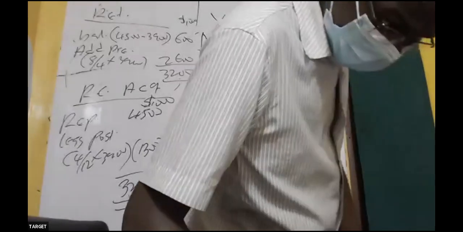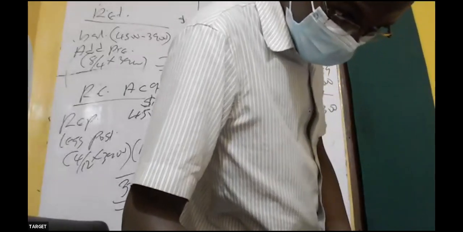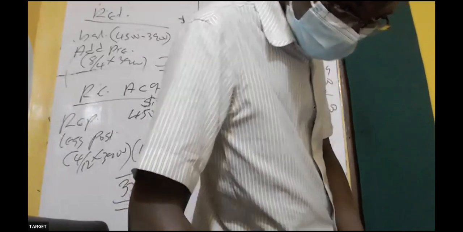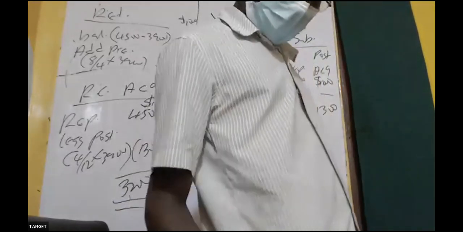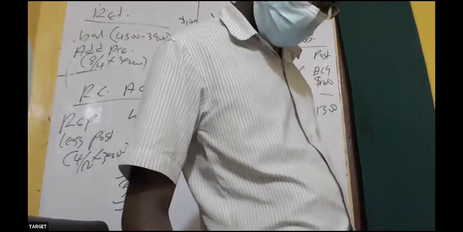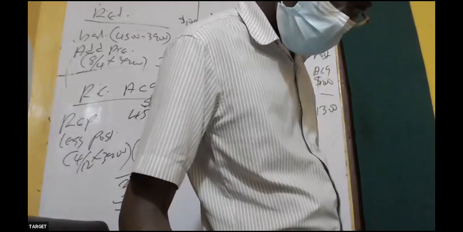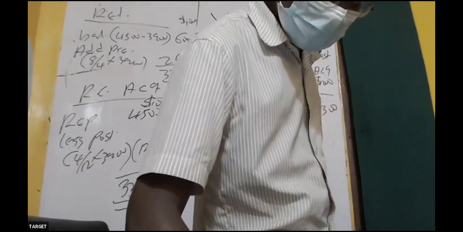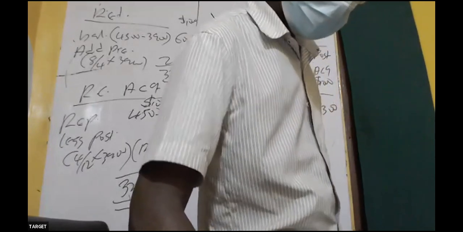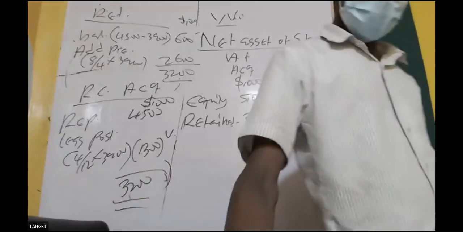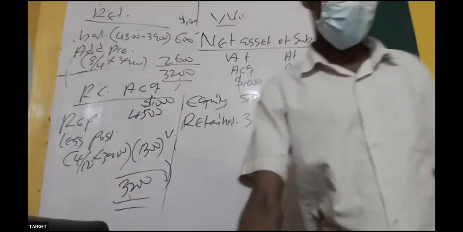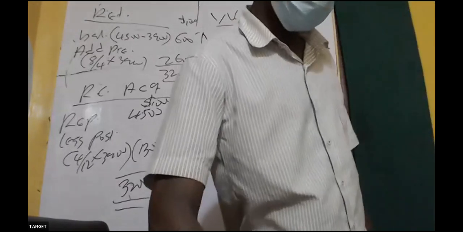Now the fair value adjustment, we need to just work it out. Need to work it out, and then we move on with the game. How best can we get a fair value adjustment? Let's go to the note.